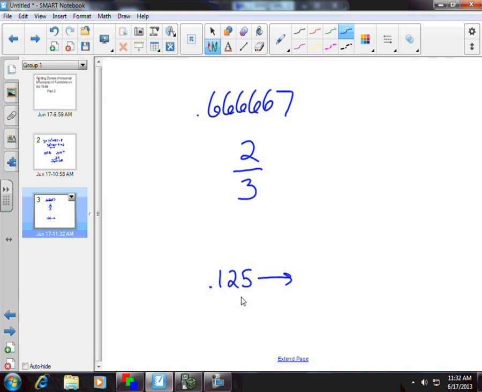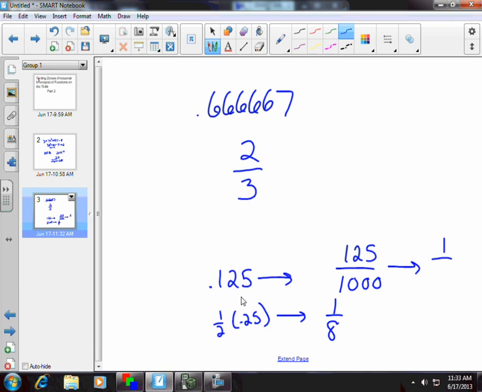Keep in mind that's 125 over 1,000, which of course you can reduce. Or you can also keep in mind that this is half of 0.25, and 0.25 is 1/4, so this is really 1/8. This would of course reduce to 1/8 as well.